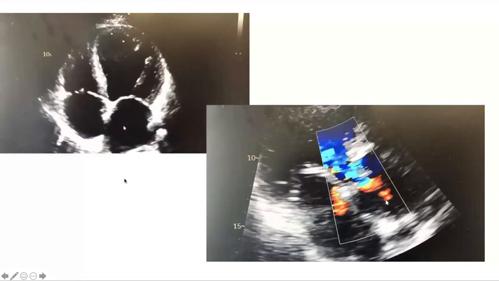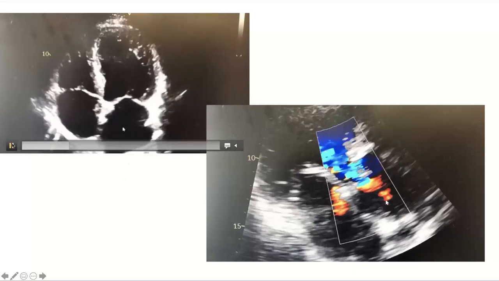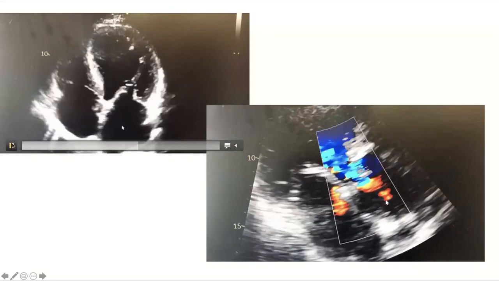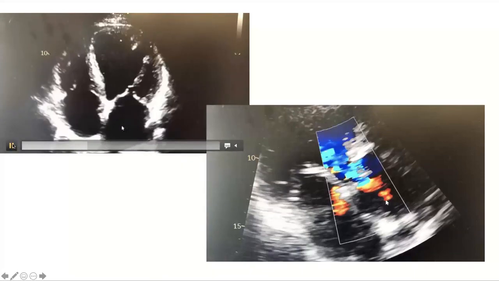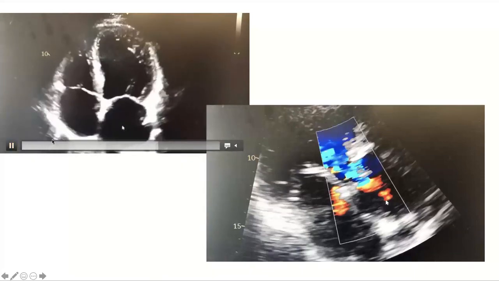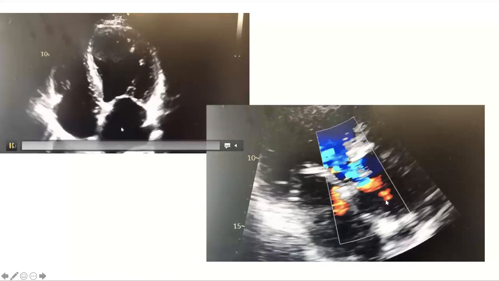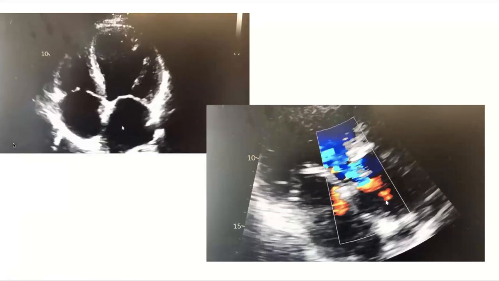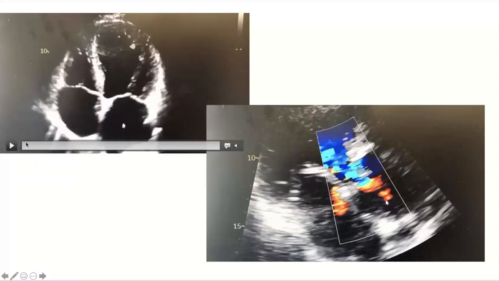Great. So apical four-chamber view demonstrating what looks like, from the clips that you're showing, the lateral wall motion doesn't look to be as brisk, and I don't appreciate the thickening as well as I would hope or expect, especially the mid and apical segments of that lateral wall.